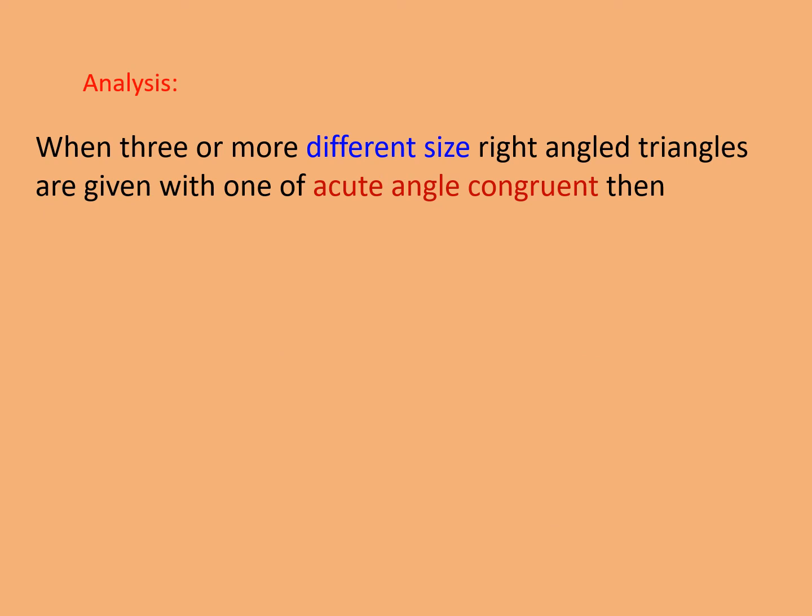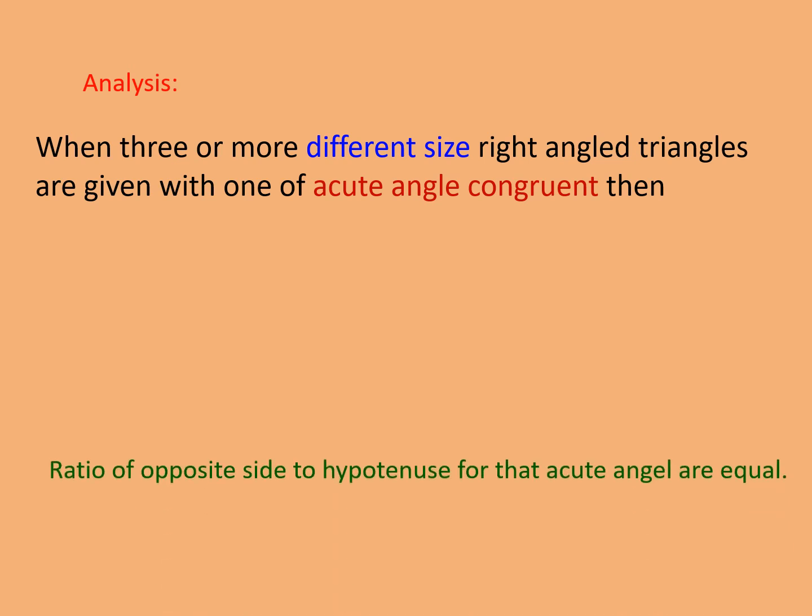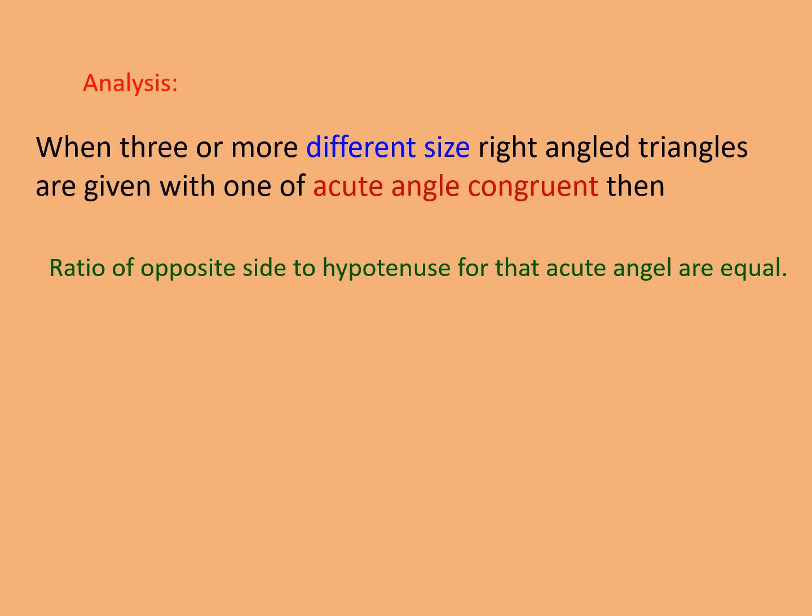So what analysis have we done from the table? The three different triangles, you can take 3 or more different triangles, but they should be right angle triangles and one of the angles should be an acute angle, and we have taken all this conclusion for 30 degrees. What we have found is that the ratio of the opposite side to the hypotenuse for that acute angle is equal, and that ratio we call in trigonometry the sine ratio.